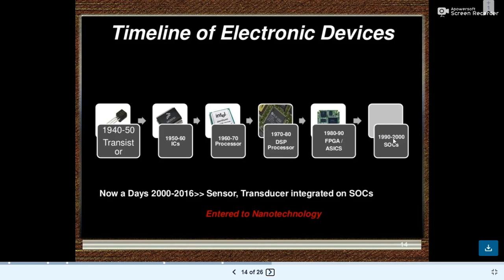In certain SoCs, system on chips. Okay, so this is how nanotechnology is growing, and we are designing it in very large scale integration. Integration means we are assembling many parts into a very small area. This is called very large scale integration.